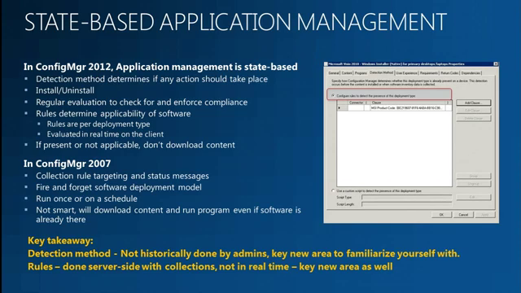We've got the applicability, the requirement rules that enable us to determine whether software should actually be installed on a system. And we do all of this on a regular scanning basis. It's state-based. In Config Manager 2007, I really can't say to you with a straight face that we have any kind of state-based or compliance system around software distribution. It's not a bad system, but it's not optimized for the direction that I know your companies are going.